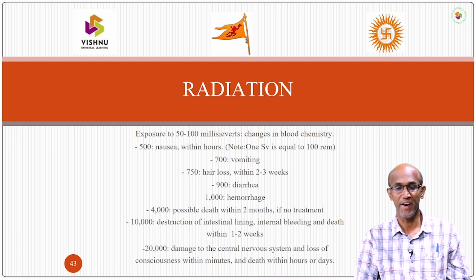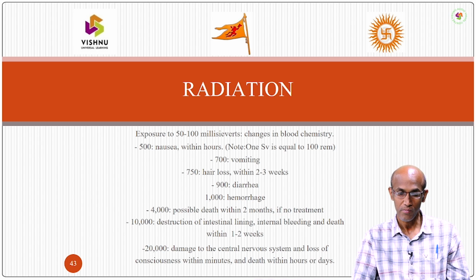Exposure to 50 to 100 millisievert, changes in blood chemistry. 500, nausea within hours. 700, vomiting. 750, hair loss within 2 to 3 weeks. 900, diarrhea. 1000, hemorrhage. 4000, possible death within 2 months if no treatment is taken. 10,000, destruction of intestinal lining, internal bleeding and death within 1 to 2 weeks. 20,000, damage to the central nervous system and loss of consciousness within minutes and death within hours or days.